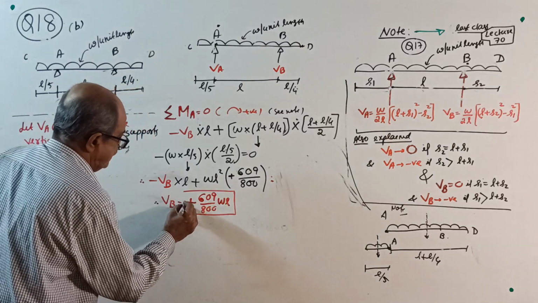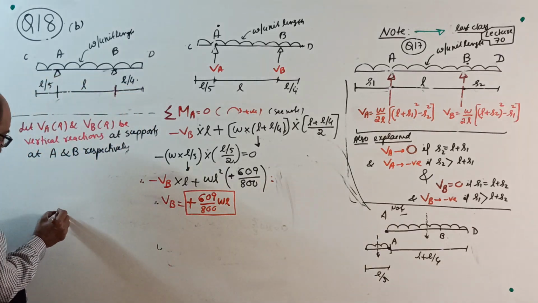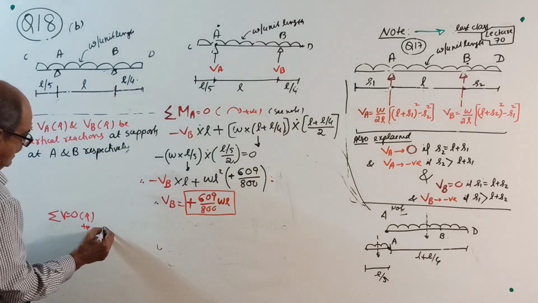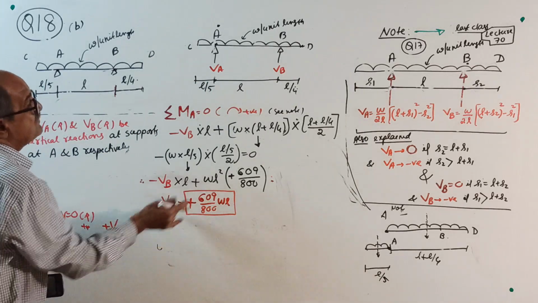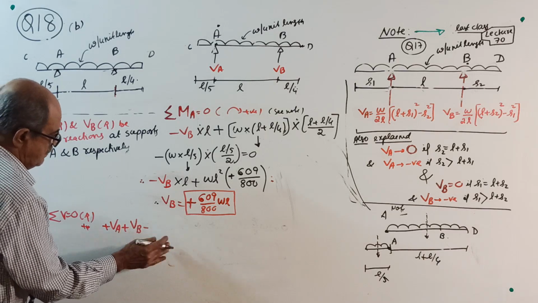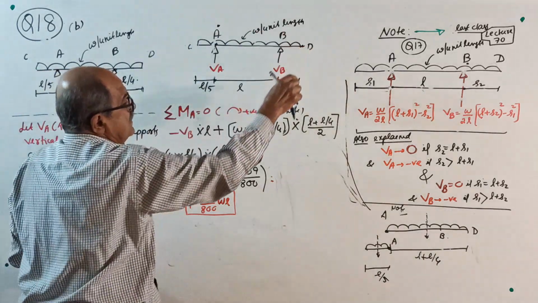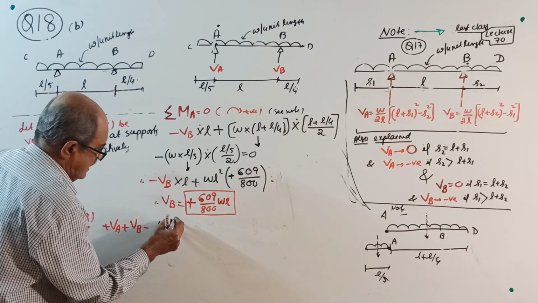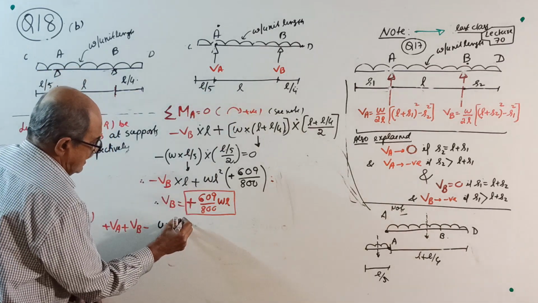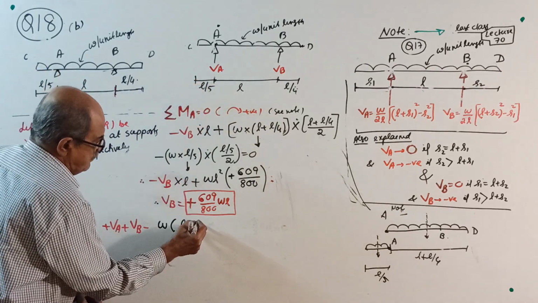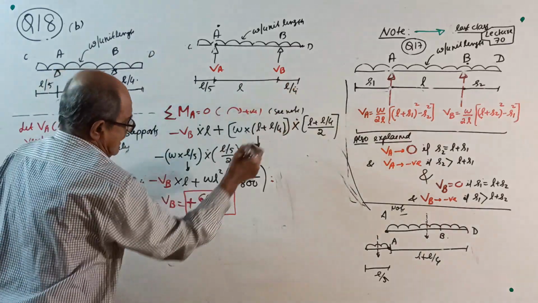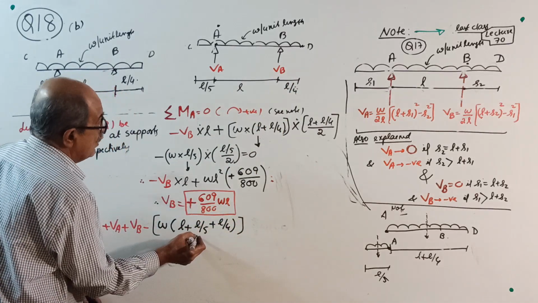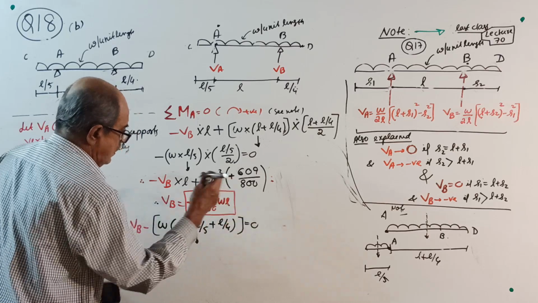See, reaction came positive. Then sigma V equal to 0, upward positive. You get plus VA plus VB minus the total load. This time separately not required, only a single step. W is the intensity into the central length L plus the left side length of L by 5 plus the right side length of L by 4, total load. Next time I won't write all these things, equal to 0.